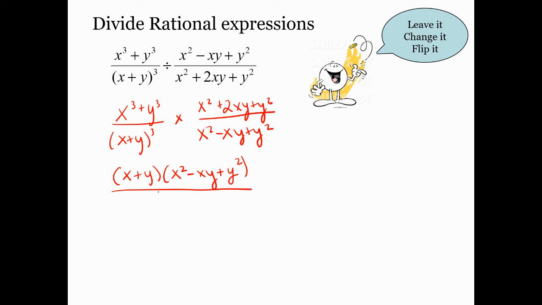And then divided by (x plus y) cubed times (x squared plus 2xy plus y squared). Oh, that factors, doesn't it? Isn't that just (x plus y) squared, divided by (x squared minus xy plus y squared)?